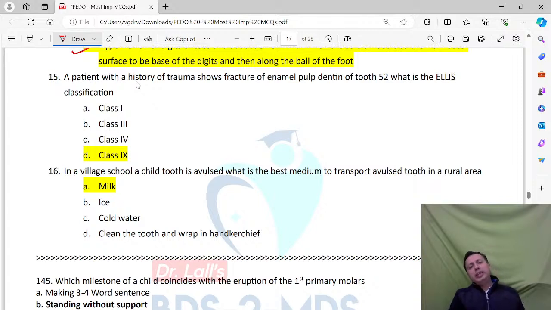Now, I have told you in the lecture also that any injury related to primary teeth, if they are asking for the classification in terms of Ellis and Davey, so all the injuries related to the primary teeth, whether it may be intrusive luxation, extrusive luxation, concussion, subluxation, or any enamel fracture or enamel dentine or enamel dentine and pulp fracture, anything in relation to primary teeth will come under Ellis class 9 only, which is the traumatic injuries related to primary teeth. That's all.